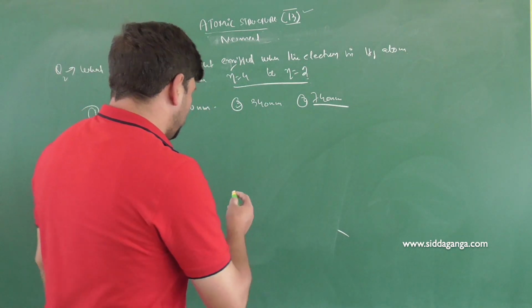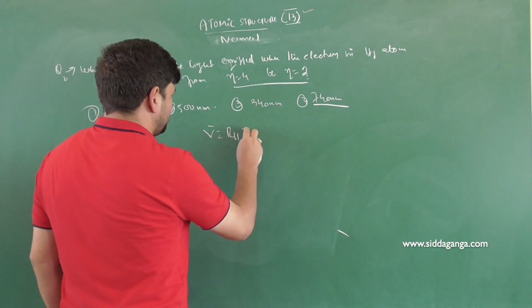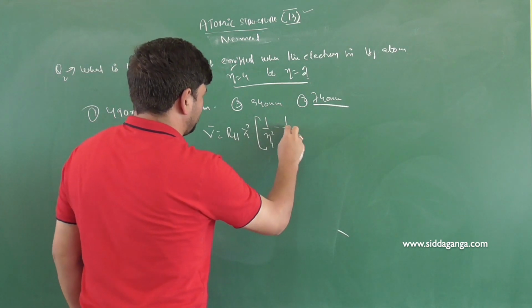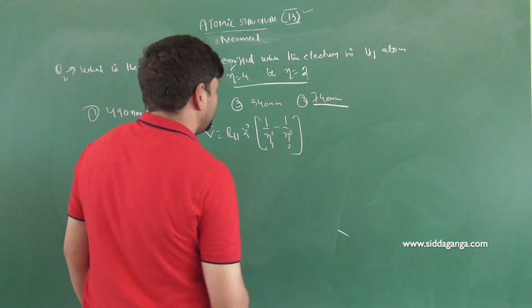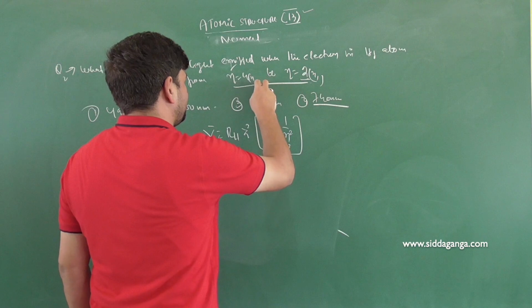We know very easily that wave number equals RH Z square into 1 by n1 square minus 1 by n2 square. So here n1 is 2 and n2 is 4.